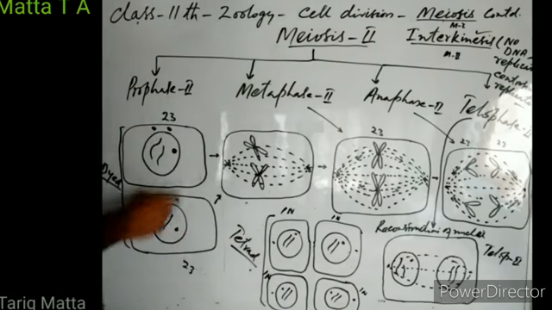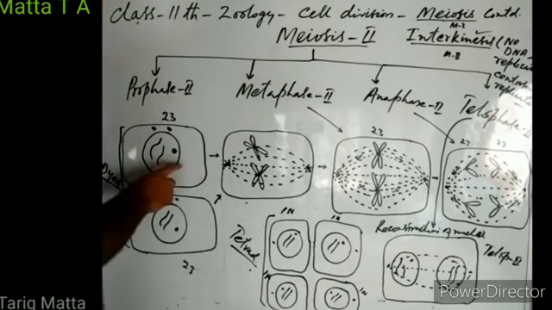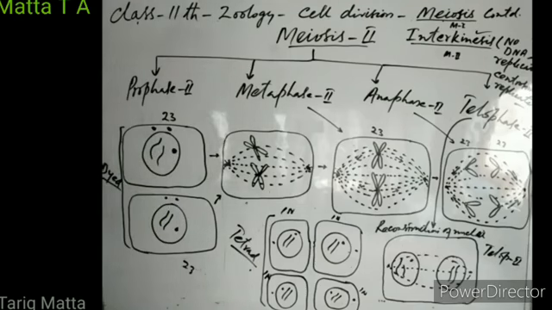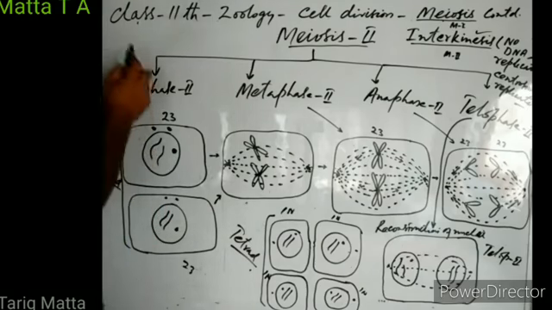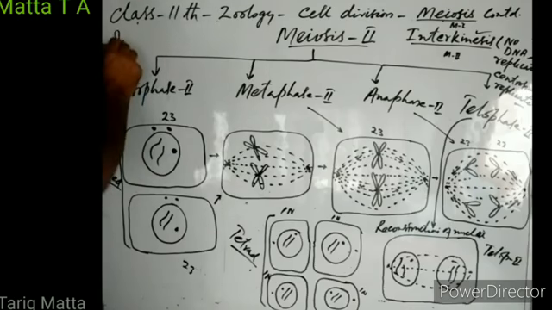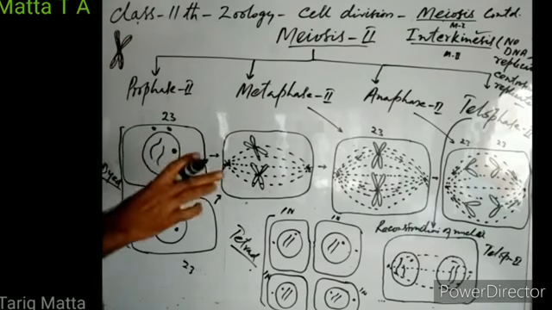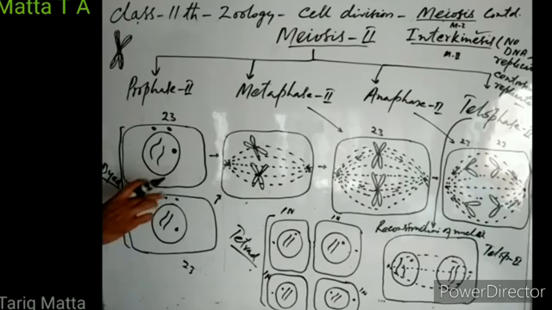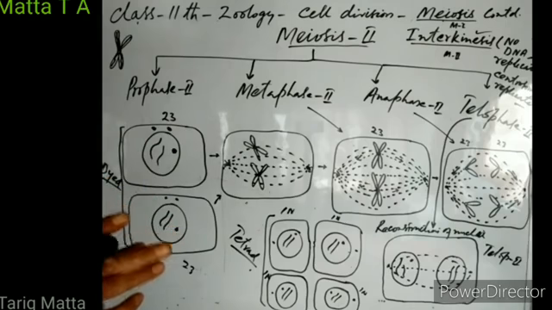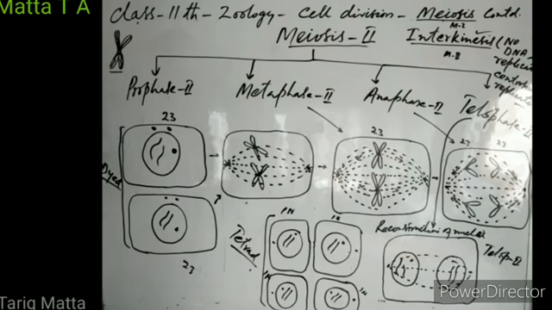What is the difference between these two daughter cells and these four daughter cells? These two daughter cells, this dyad, had half the number of chromosomes. But every chromosome of these daughter cells had double DNA content. One DNA molecule was present in this chromatid and one DNA molecule was present in this chromatid. So the daughter cells produced at the end of meiosis first had half the number of chromosomes, but in every chromosome there was double DNA content.